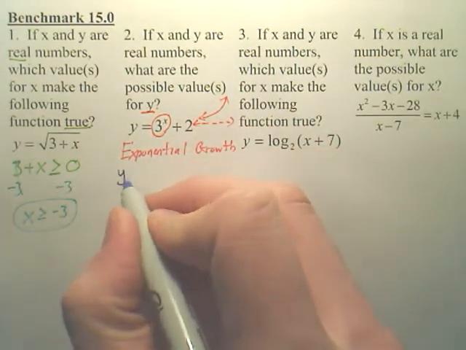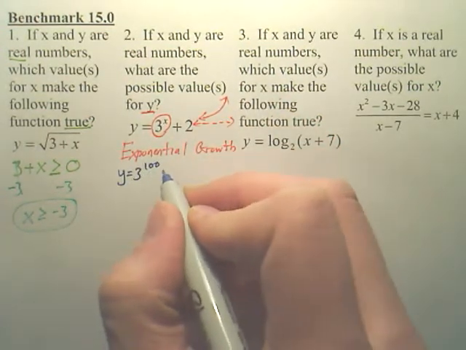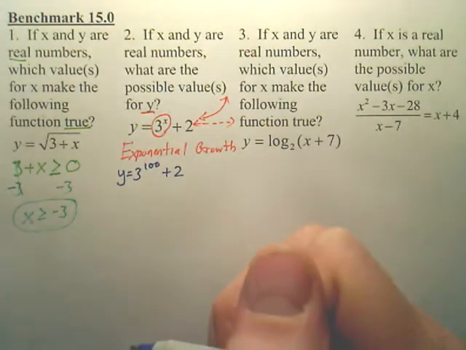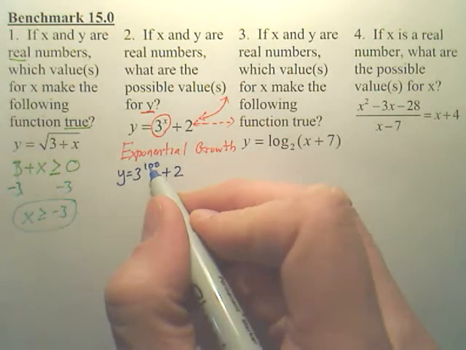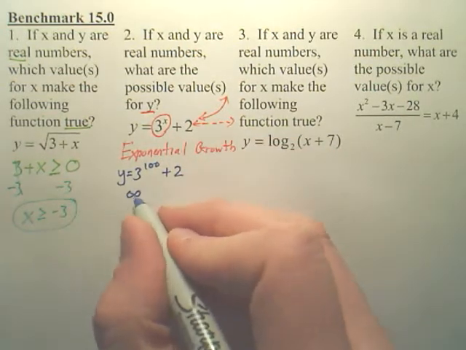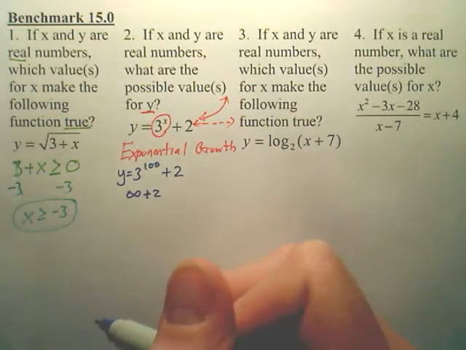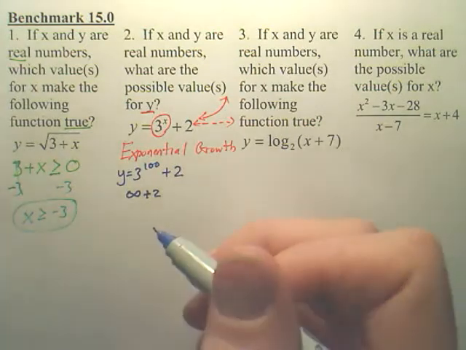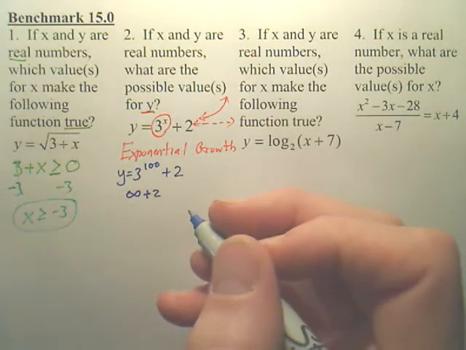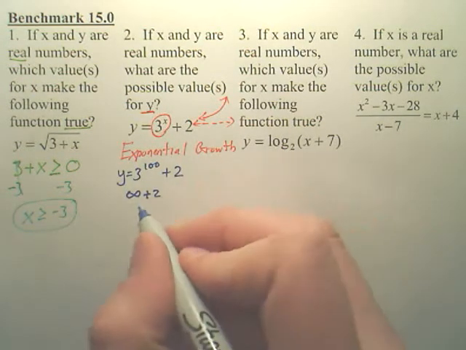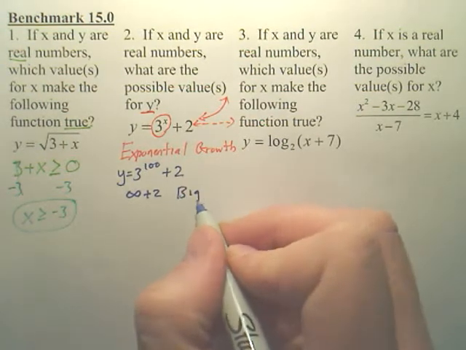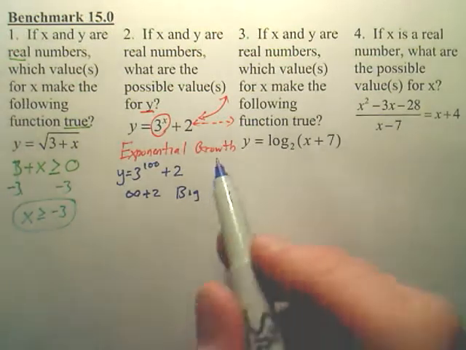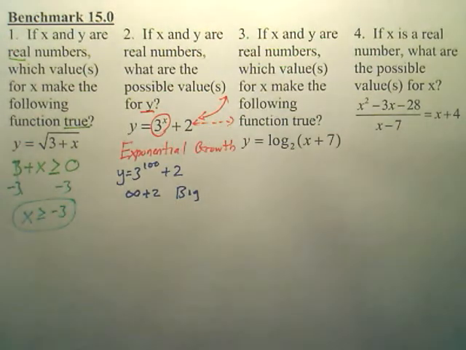So if I plugged in y equals 3 to the 100, isn't 3 to the 100 just a really, really big number? Could I basically say that's probably like infinity plus 2, which is basically infinity? Which means it goes on forever. So it's going to go forever high.